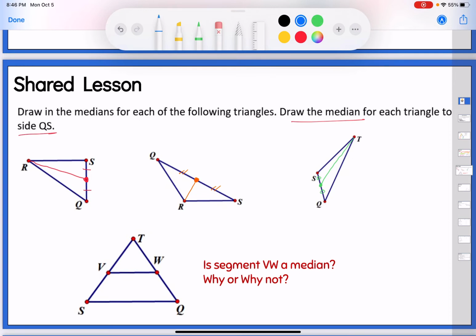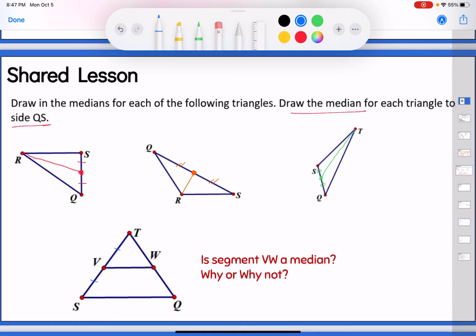Now the one on the bottom says, is the segment VW a median? Why or why not? Right now, I don't even know if V or W are midpoints, right? So that would definitely be a definite why not. But let's say that I even tell you that V is a midpoint and W is a midpoint. Is it a median? And the answer is no. Even if they're both midpoints, it's not a median because it's not drawn from the vertex.